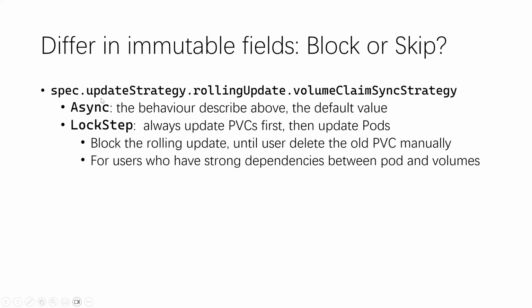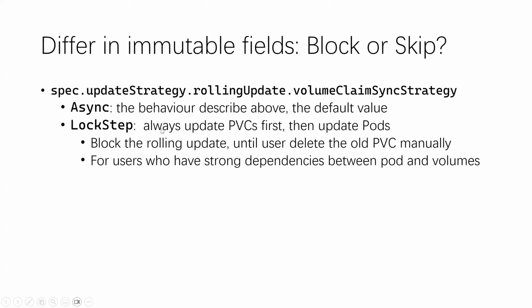We introduce another field called volume claim sync strategy, and a new behavior named lockstep. That is, if the user specifies lockstep, we will always update the PVCs first, so that the new pods will for certain not use the old PVCs.